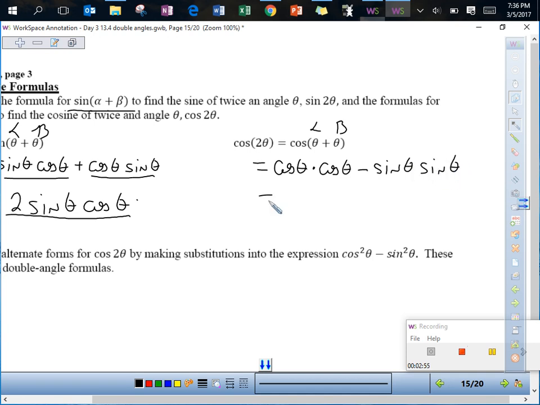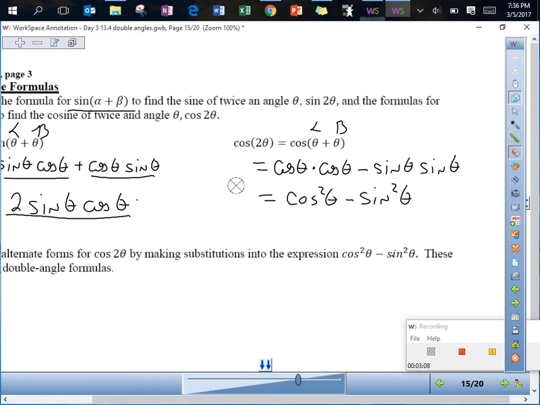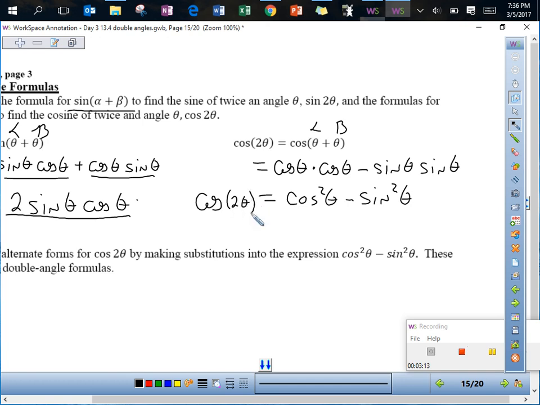If I simplify this, I'm going to get cosine squared theta minus sine squared theta. That's one of our formulas for cosine of 2 theta. That's the least used formula of all of them. But that is one of them.